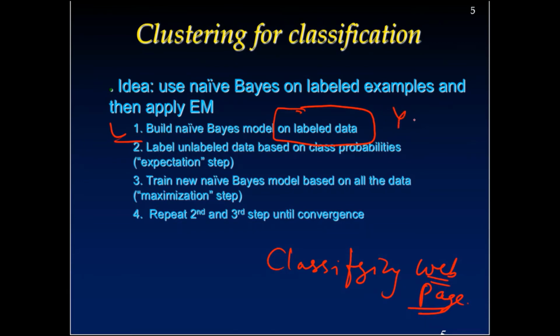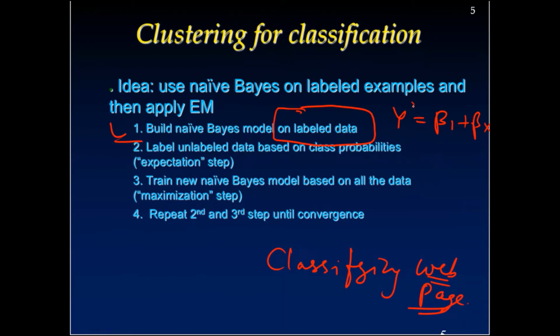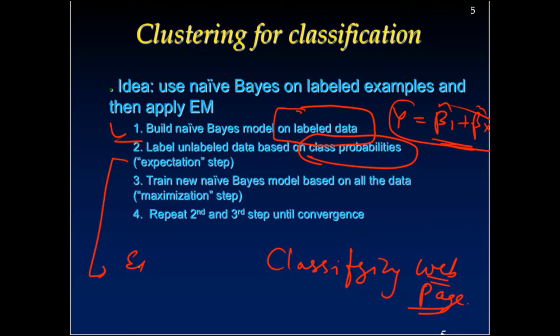You will get some form of model, something like beta plus beta 1x, some supervised form. Then use this model, the estimated values, on the unlabeled data and find the class probability, the probability of that data point falling into some category. We call that the expectation step, the expected probability.